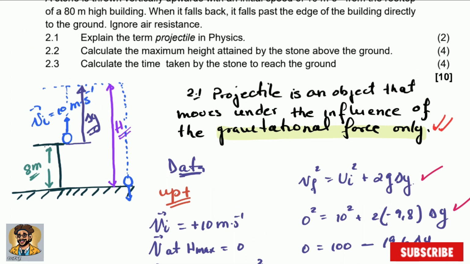Now we're going to the last one. They say calculate the time taken by the stone to reach the ground. And this is something important I want to point out here. When this stone starts from the initial position, which is the releasing point, the final position of the object will be at the ground level. That is the final position of that projectile.